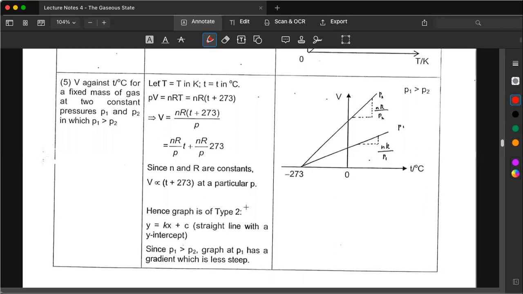When will this V be 0? Why is it minus 273 here? Because when you substitute T equals minus 273 here, the whole expression becomes 0, which explains why these two graphs cut the x-axis at minus 273 because of this equation.